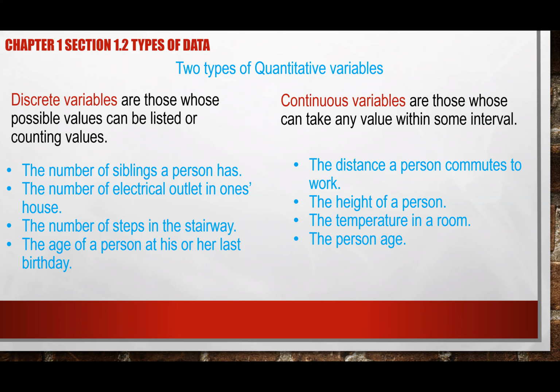Again, a continuous variable is whenever your data, you can break down into different intervals, then we call this continuous because we don't really know the exact number. For instance, you say, okay, from my house the drive to Delgado is 12 minutes.